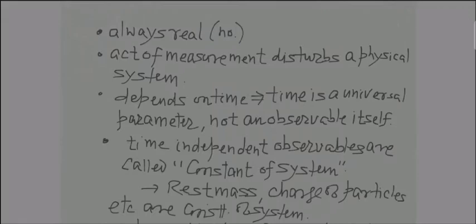Your electron is the physical system, and it is getting disturbed by the measurement of its position that we are trying to make. It is disturbing its momentum also. Now, time is not an observable in itself.